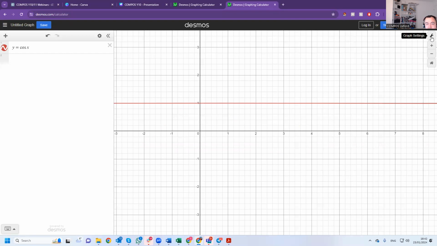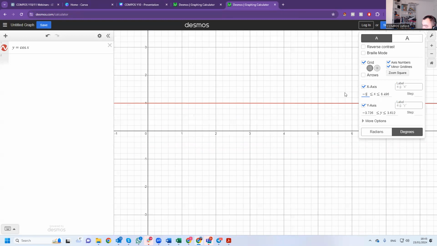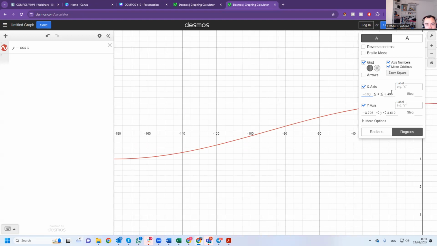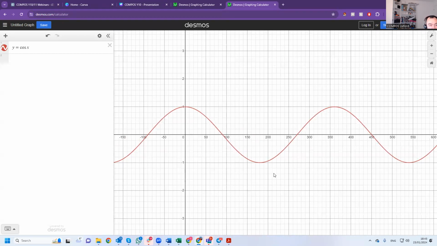So you change the settings, the x-axis from minus 180 to, let's say, 600. Okay, now it looks more like it. So 180 is where the bottom part is. Yes, these kinds of problems certainly come up at A levels.